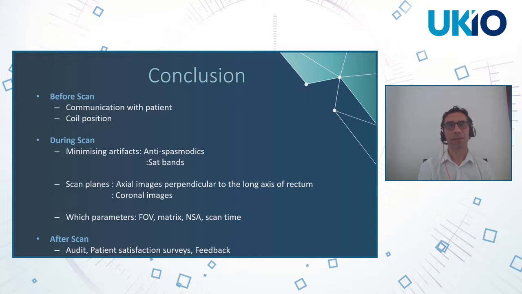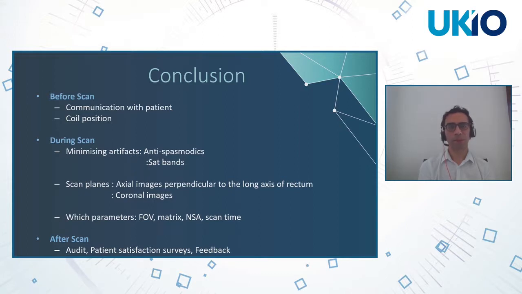So the axial images are perpendicular to the long axis of the rectum, and you continue those slices to around 5 centimeters above the level of the tumor. Coronal images parallel to the long axis of the rectum are especially useful in low rectal cancer.